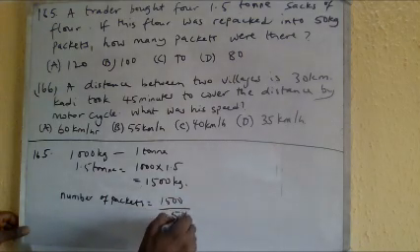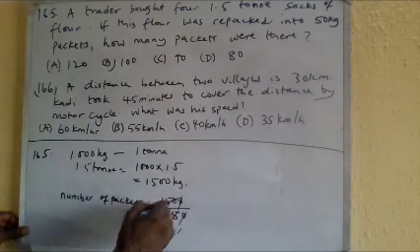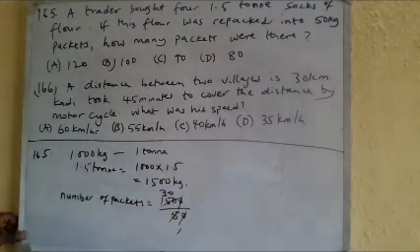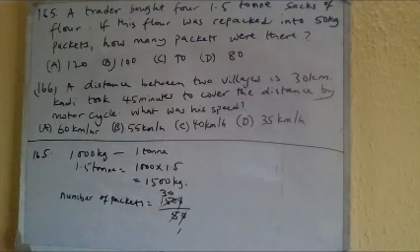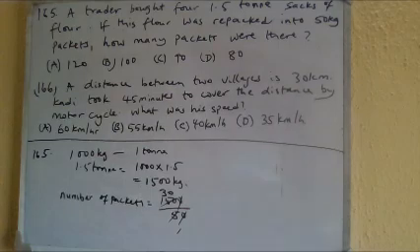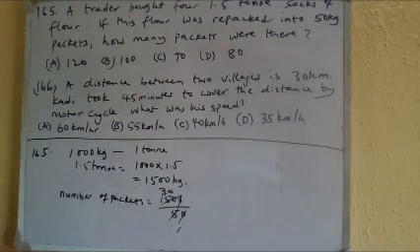So 0 cancel 0, 5 here 3 and 0. So I will have 30. Let me look at it again. I'll check it.